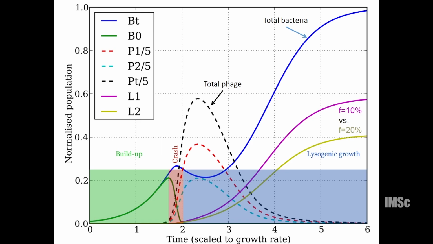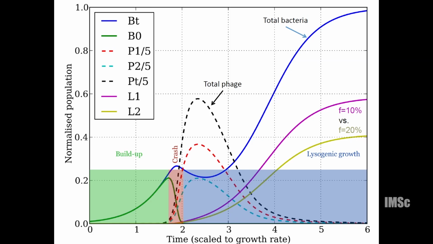The dashed lines are the viral numbers, the solid lines are the bacteria, and just think about the blue curve, which is the total bacteria for now. Initially there's exponential growth as you expect, then at some point the viral numbers start rising very sharply, and at that point you can see a dip in the total bacterial numbers. This is because bacteria are now dying.